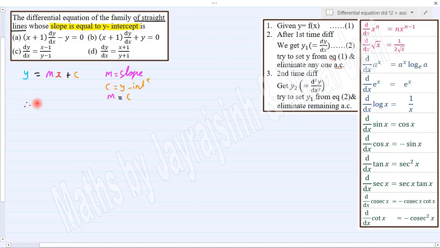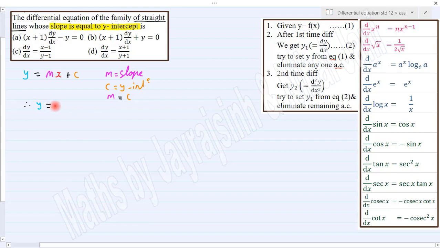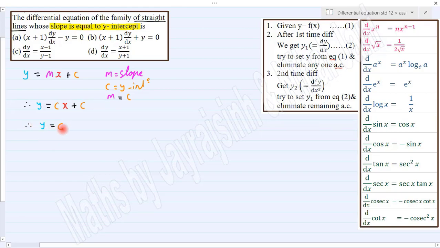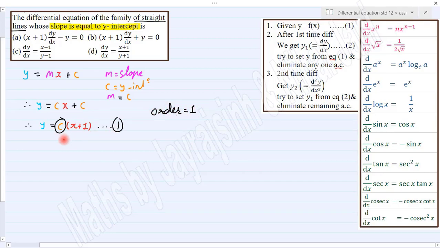So our required equation of the family will be y is equal to, instead of m, we just have to place c, c into x plus c, or we can say y will be equal to c into (x plus 1). Let's say this is your equation number 1. Now here the only arbitrary constant is c, so the order of the differential equation must be 1.